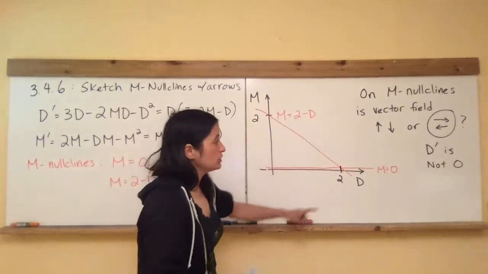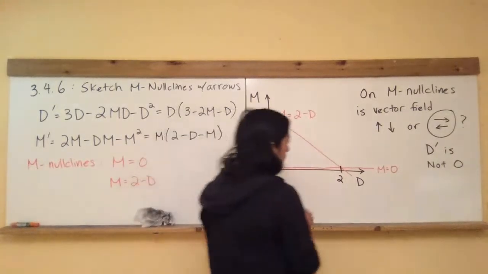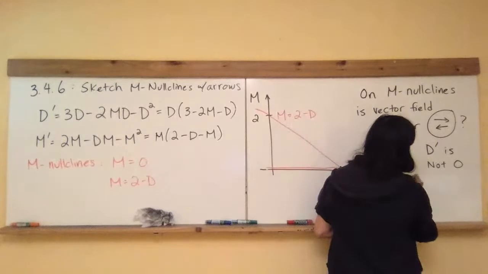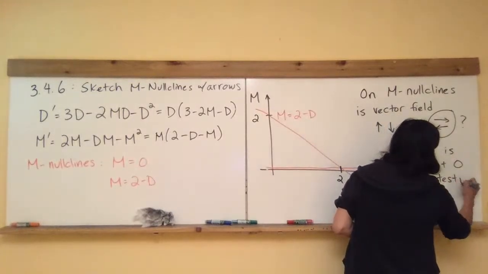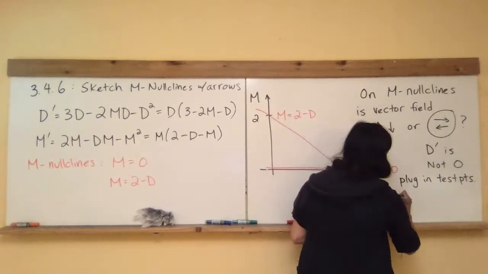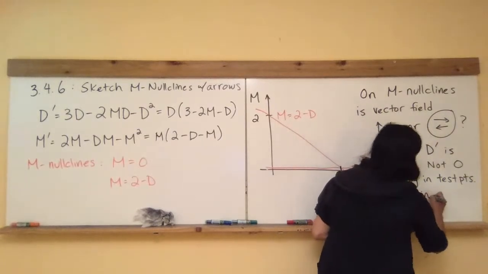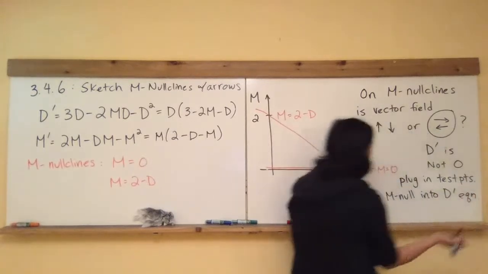But it's good to just know that my goal here is left or right behavior. And so what I'm going to be doing is plugging in test points on the M nullcline into the D prime equation. Okay?